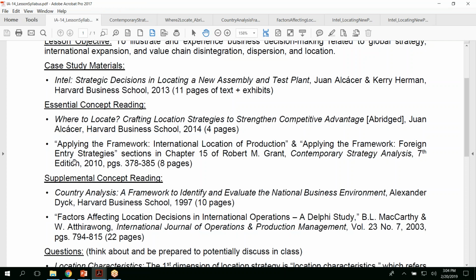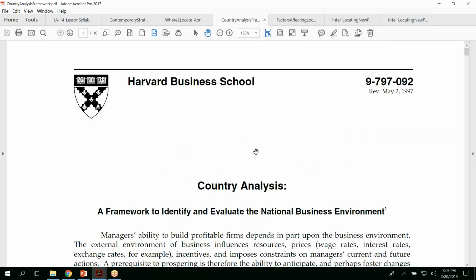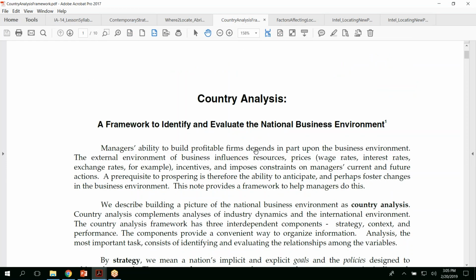The supplemental concept readings, the first one is actually a reading they had in strategy. So they should still have this. I asked Brian Collins, and they still have this. It's this country analysis framework. This is the idea about evaluating the natural business environment that they used in the strategy course.